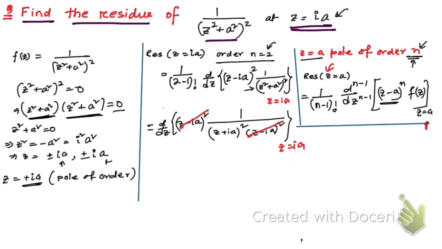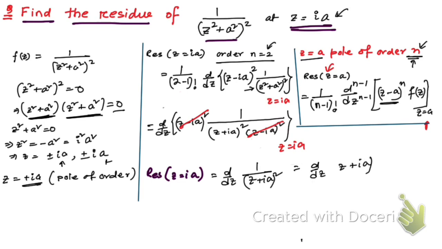Then the residue at z is equal to ia is going to be the derivative of z plus ia whole square, which can be written as the derivative of z plus ia whole to the power minus 2 with respect to z, right? Remember one thing, we are to put z is equal to ia.